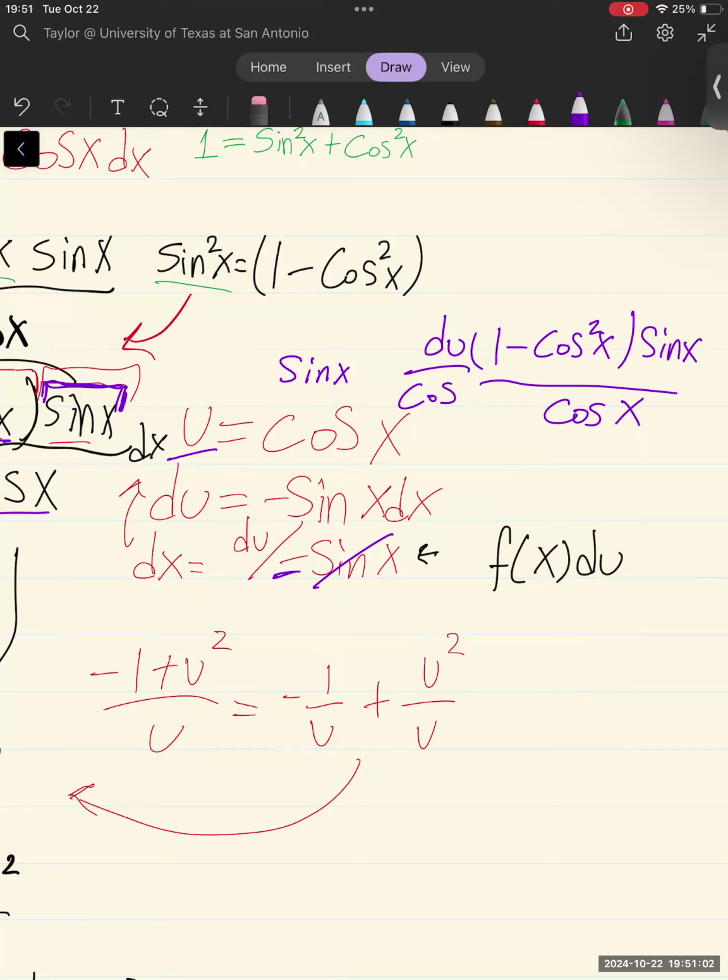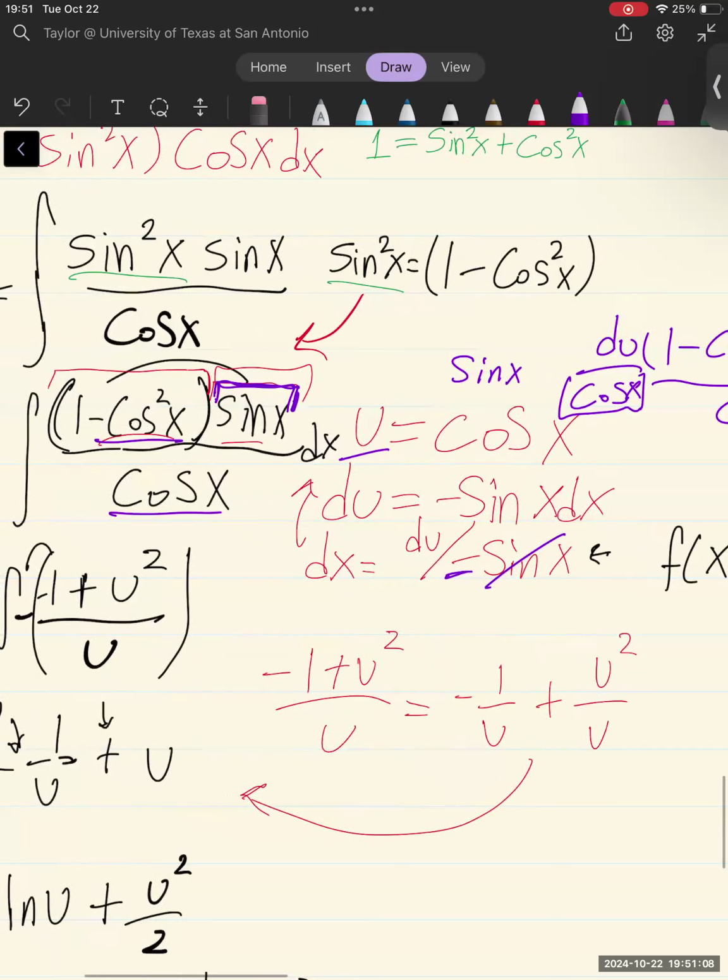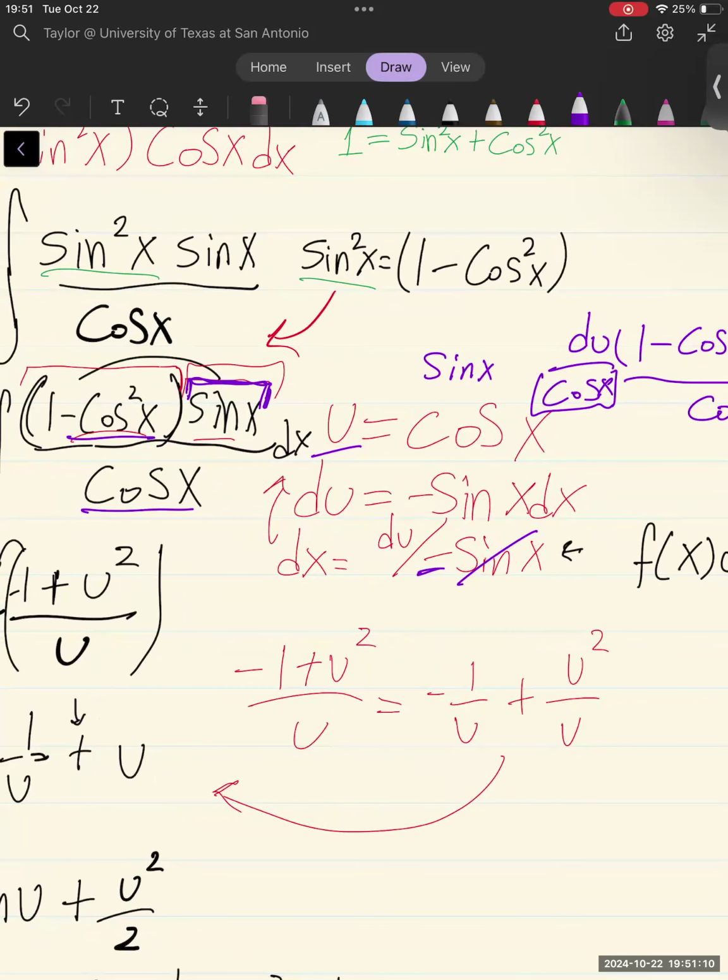And so now we've just added an extra cosine x here. Does that kind of make sense? We know that we can't cancel our cosines. We need to find a way to cancel this sine, and the only way to do that is with the derivative of cosine.